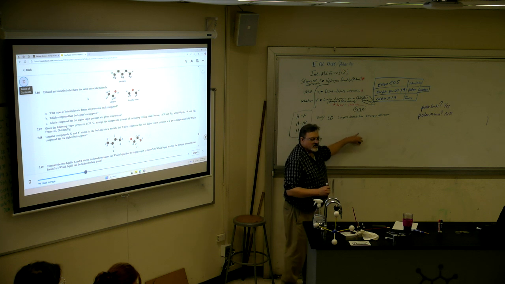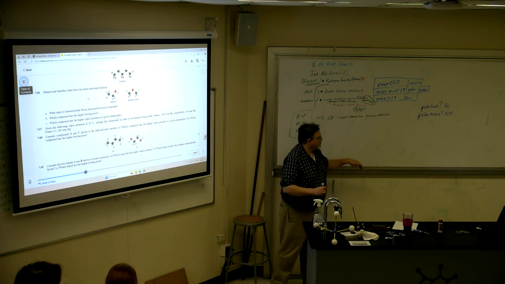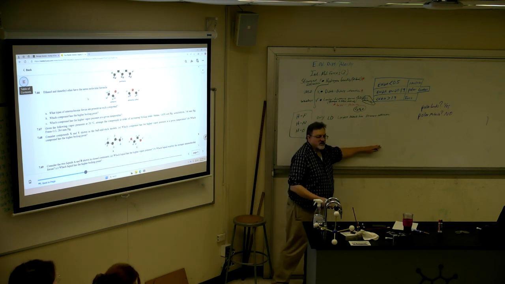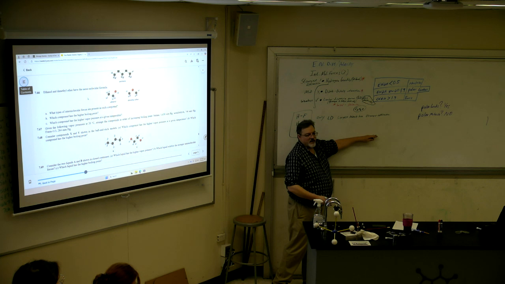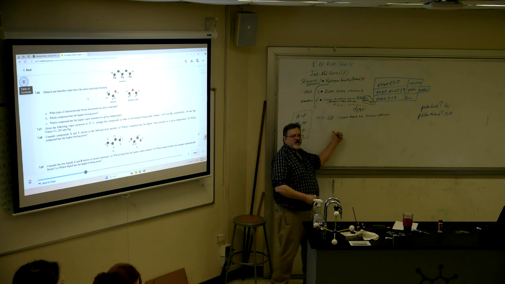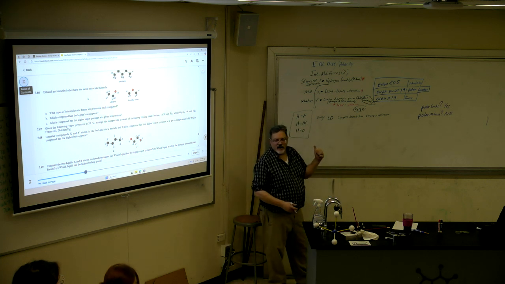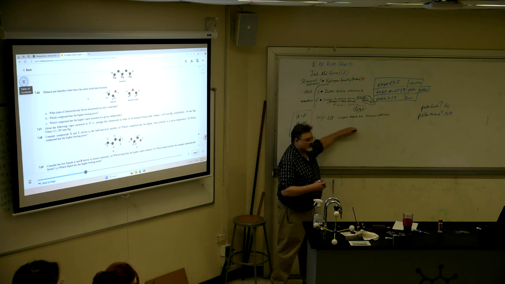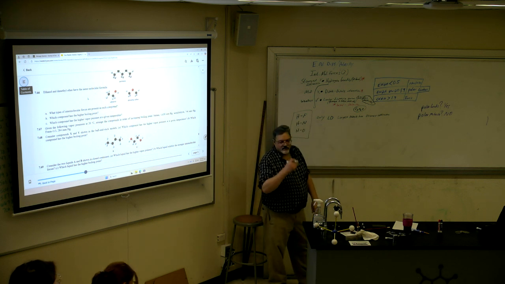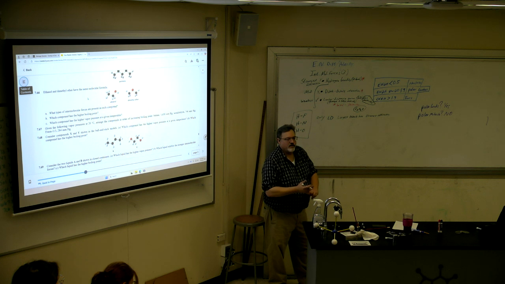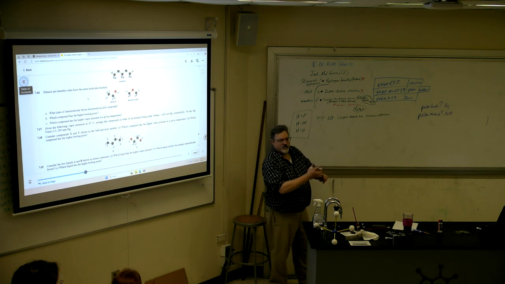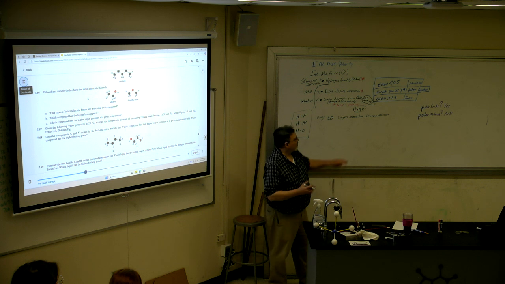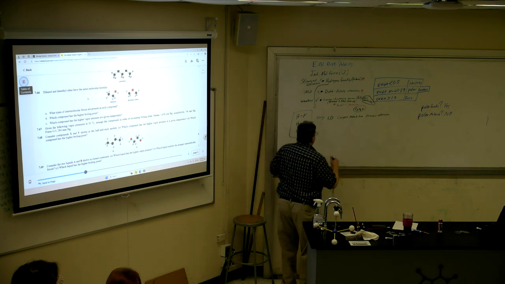The example I just gave was easy because they both had London dispersion and they both had dipole-dipole, but only one of them had the H bonding, so you knew that one had the higher boiling point. But if you're comparing two molecules that are the same on all those levels, and let's say they only have London dispersion, how do you tell which one has the higher boiling point? Whichever one is larger.